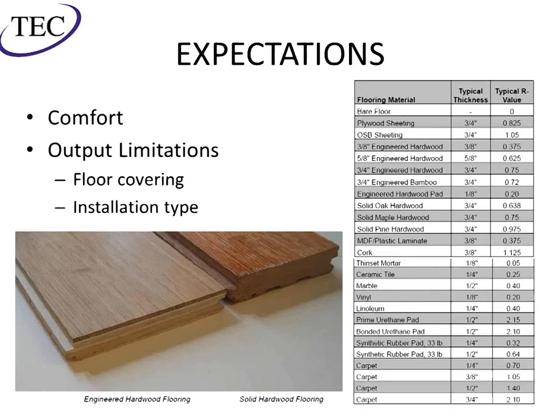And along those lines, the expectations, as I mentioned, the output of the system, what they're looking for, and the comfort, depending on if it's an indoor system, snow melt, etc. Quickly here, the output of these systems is often limited by the floor covering and the installation type. As I mentioned, if you're doing an underfloor system, the efficiency is much lower, the amount of output you can get out is much lower.